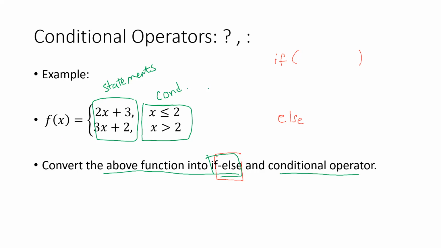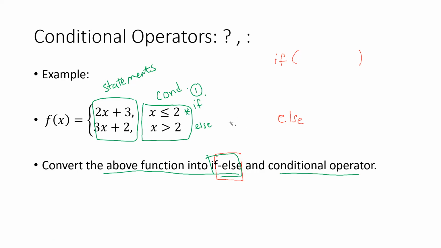Okay, it's up to you which condition you want to pick, because if you pick this one, this is if and this is else. So this is number 1. I don't want to make it confusing, but another option is you can say this is your if and this is your else. Number 2, you can do that. It's not a problem, as long as you know what to do.